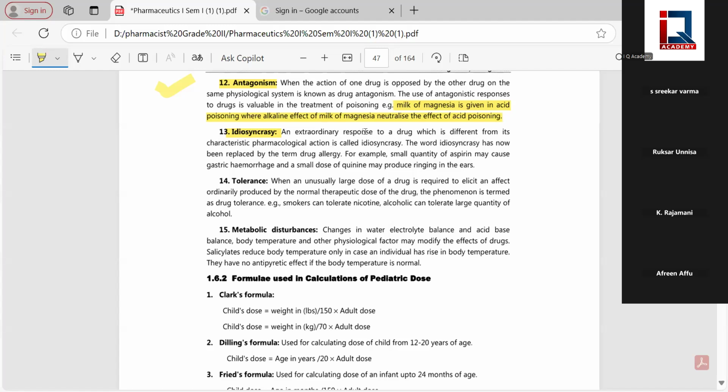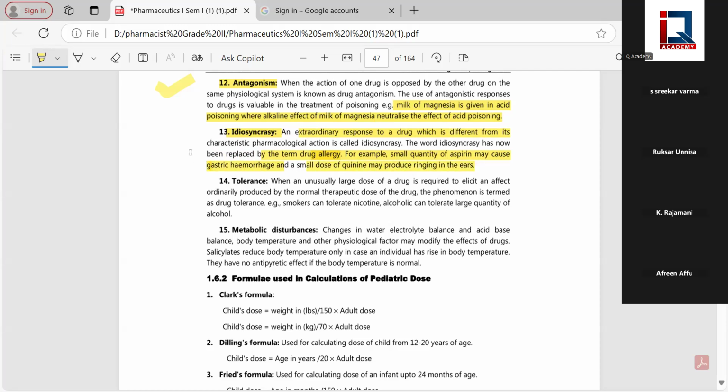Idiosyncrasy is also called drug allergy. It's an extraordinary response to the ordinary dose of the drug given. The word idiosyncrasy has been replaced by the term drug allergy, right? For example, a small quantity of aspirin can cause gastric hemorrhage. A small dose of quinine can cause ringing in the ears.